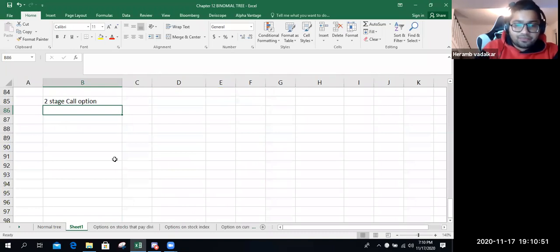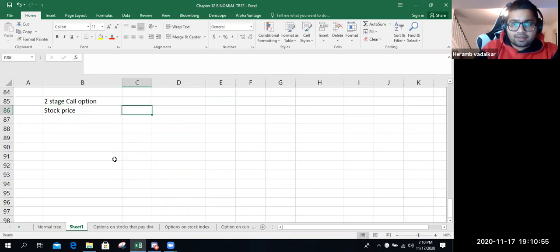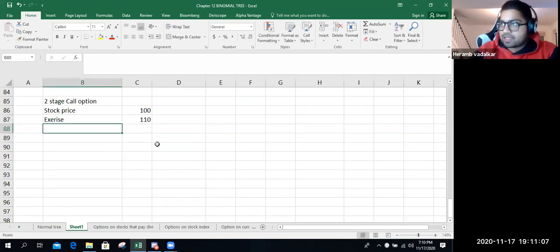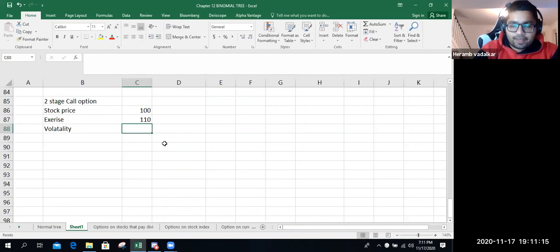So let's say stock price is $100. Exercise price is, let's say, 110. Volatility is 30%.